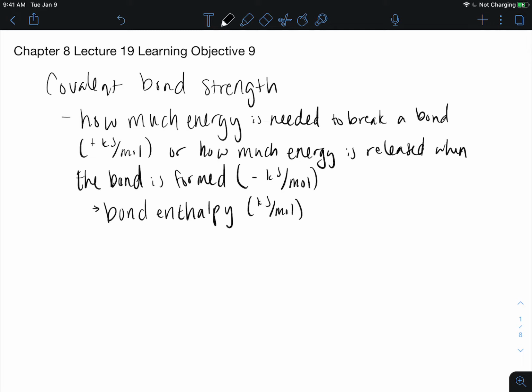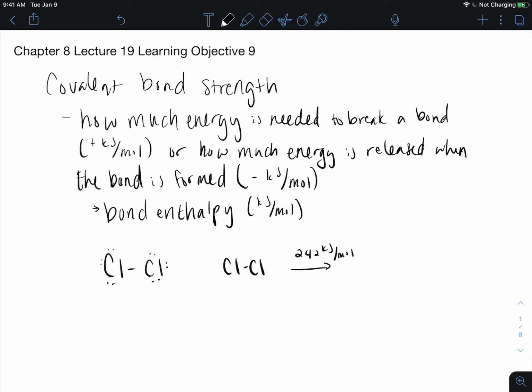For instance, if we talk about a Cl2 molecule, when we're looking at the Lewis structure, we see that we have a Cl-Cl single bond, and that has a bond enthalpy equal to 242 kilojoules per mole.